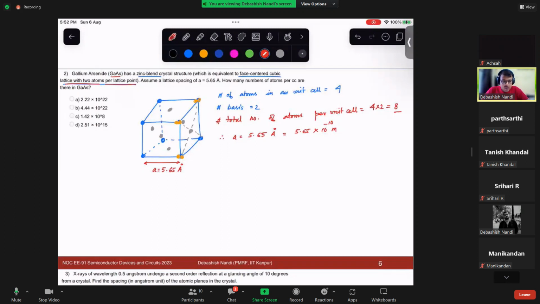So I'm not going into that. Just understand that in real life the atom is like that. So then this is your lattice spacing.